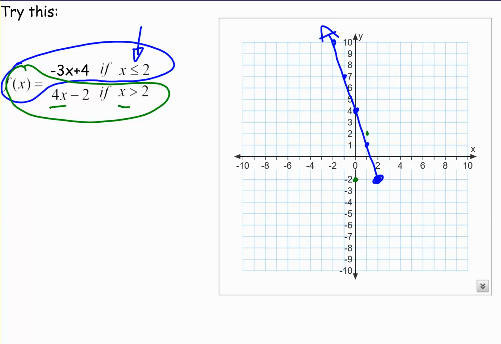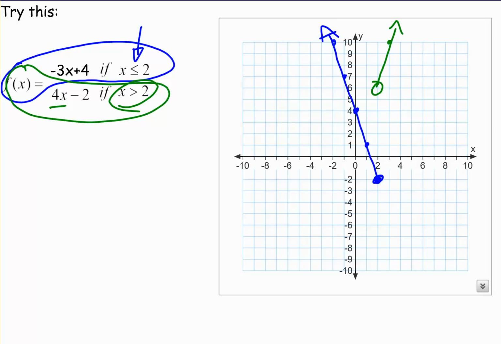We want greater than 2, so up 4 right 1 again. And now I want that point, but I don't have the equal symbol, so I'm going to put an open circle. And I'll go up 4 and right 1 here. And now the only part of my graph is going to be with the open circle. I'll erase my first 2 points because those aren't greater than 2. And that's my graph.